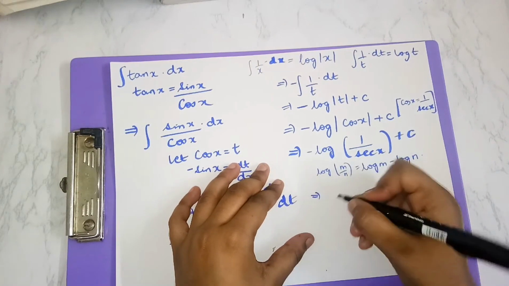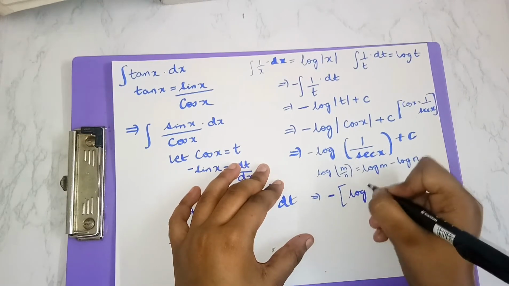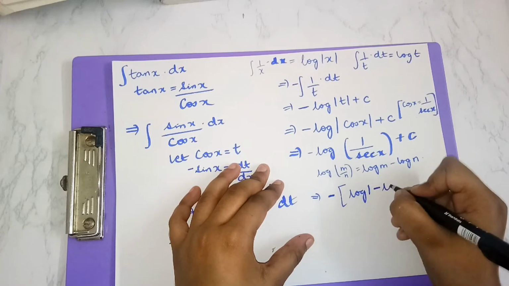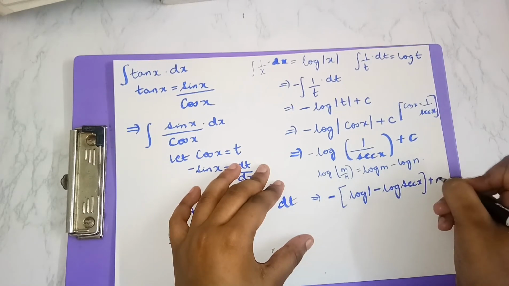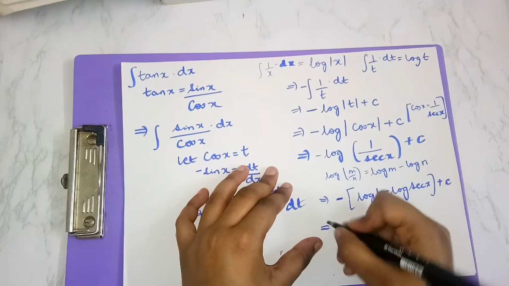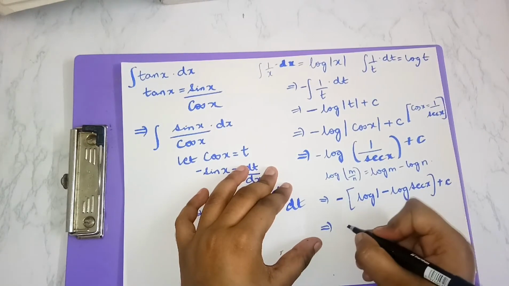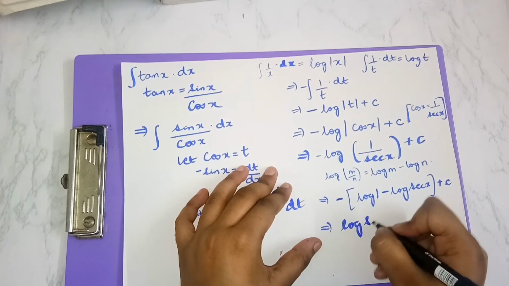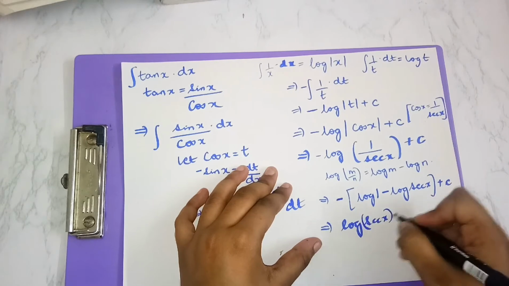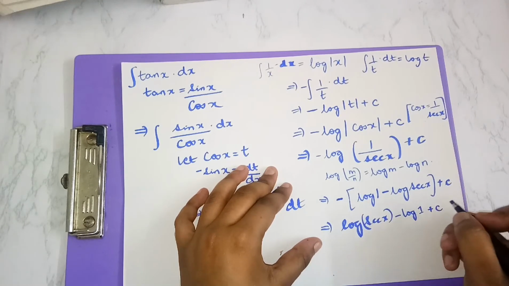So that implies, let us keep the minus sign outside, it becomes log 1 minus log of secant x plus c. We'll remove the brackets and multiply minus sign throughout. That gives log of secant x minus log 1 plus c.